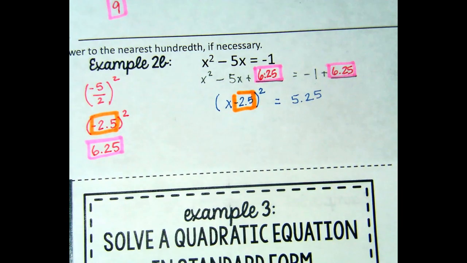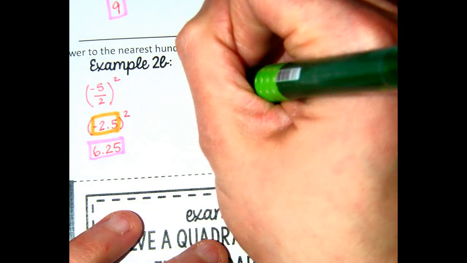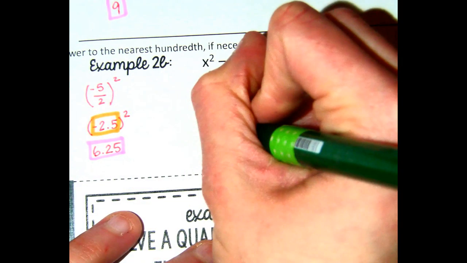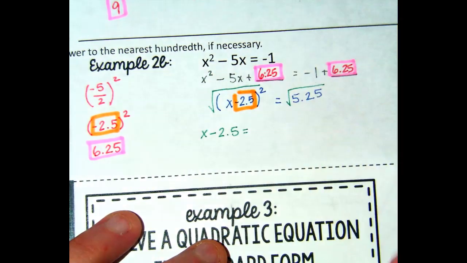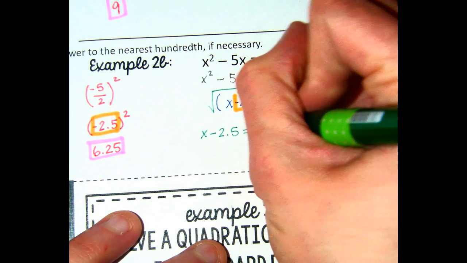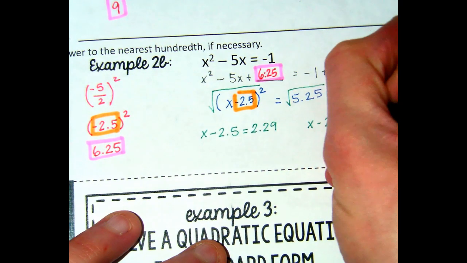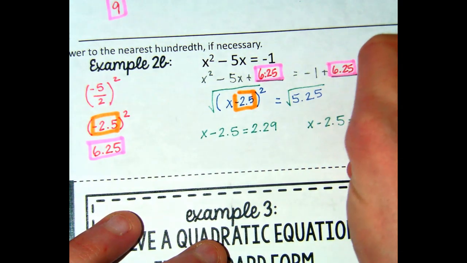Now, I'm ready to do what I did yesterday. What am I going to do? Square root. x minus 2.5 equals 2.29. What else? Negative 2.29.